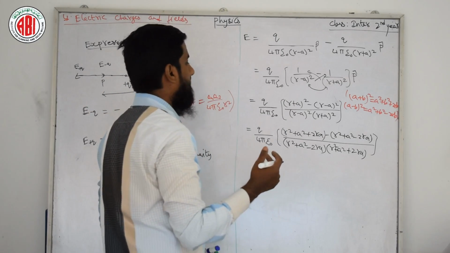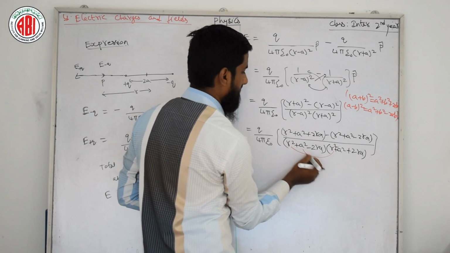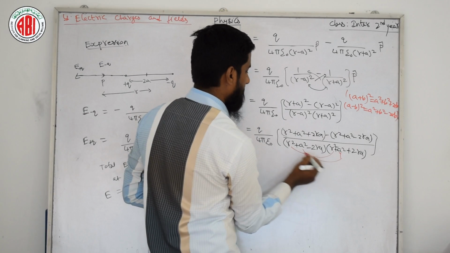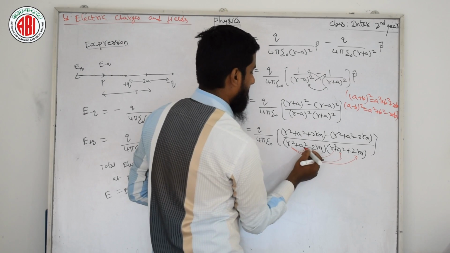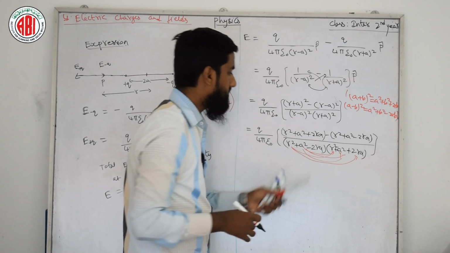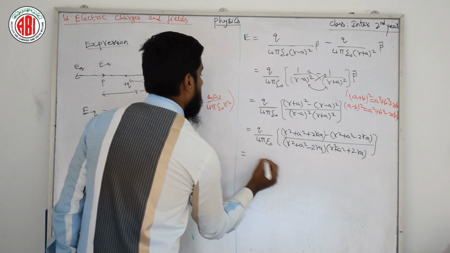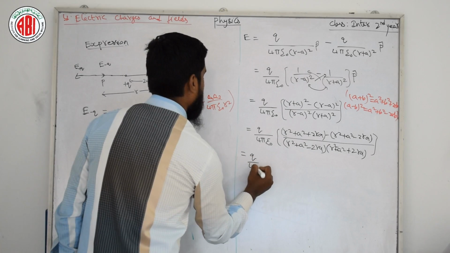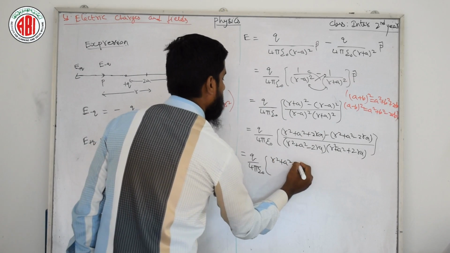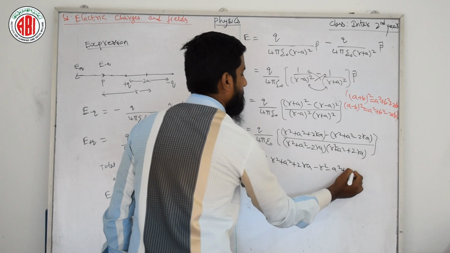So for that, first I have to multiply this R to this R, this R again to this, and this A to this A, and so on. I am going to solve these steps, or else I can directly write it. So it will become Q by 4 pi epsilon naught, R square plus A square plus 2RA, minus into plus minus, minus R square minus A square plus 2RA.